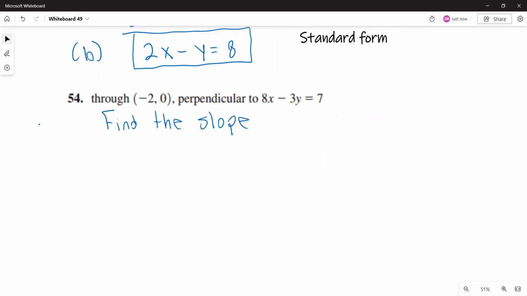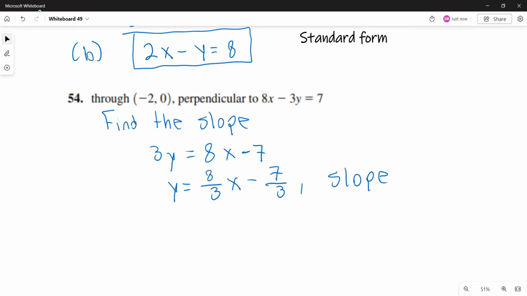Okay, so let's write in slope-intercept form. 3y equals 8x minus 7. And solve for y, so y is 8 over 3x minus 7 over 3. Okay, so I know that the slope is 8 over 3.